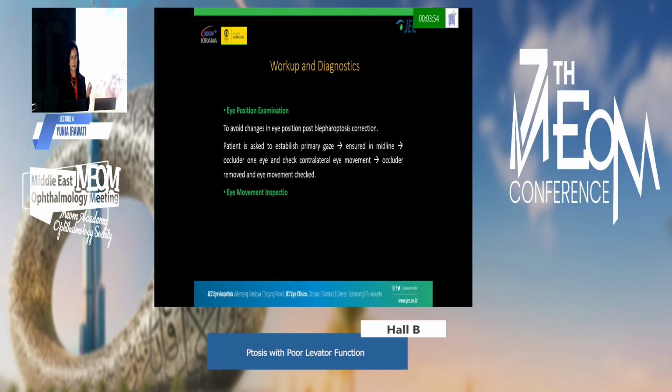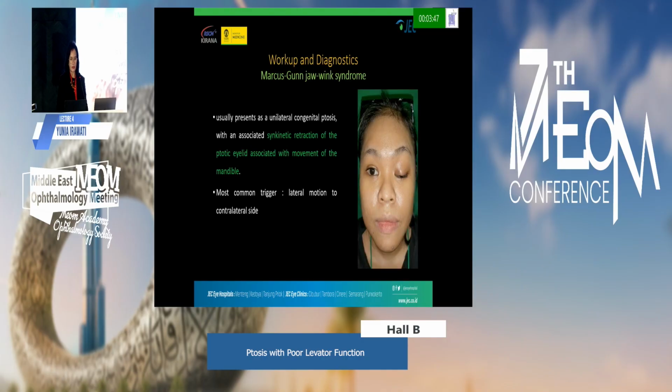Sometimes we should also know about the eye movement in this patient. Like here, during COVID, sometimes the patient comes to us covering the mouth, and sometimes we forget to ask whether there is any jaw winking. That's why, in patients with poor levator function, don't forget to check whether there is any jaw winking or synkinesis between the trigeminal and the oculomotor muscle.